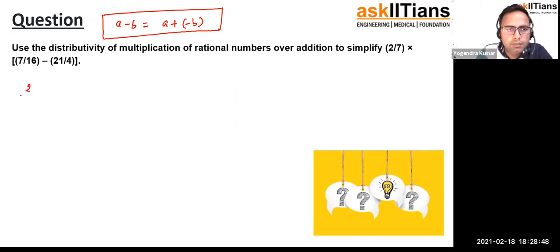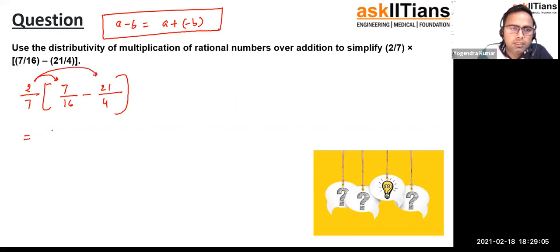So we have 2 by 7 into (7 divided by 16 minus 21 divided by 4). Now I need to use the distributivity property, so it will distribute here and here: 2 divided by 7 into 7 divided by 16 minus 2 divided by 7 into 21 divided by 4.